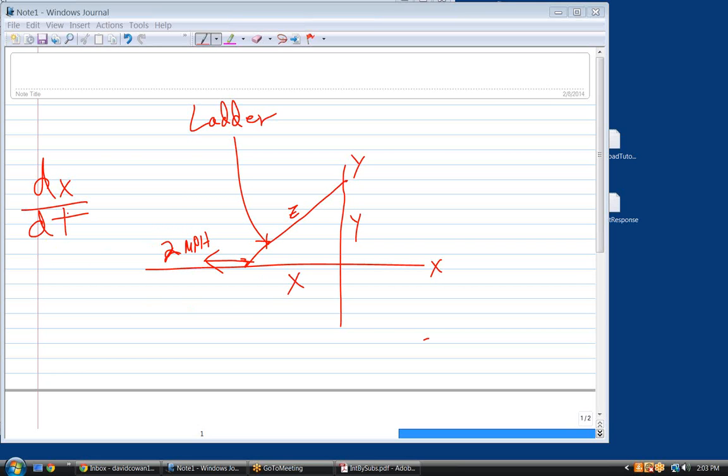The sign on dx dt has to do with whether x is increasing or decreasing. When that boy pulled the bottom of the ladder, x was going to increase. So dx dt was going to be positive 2.